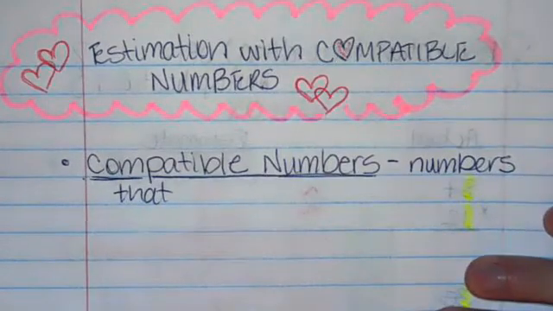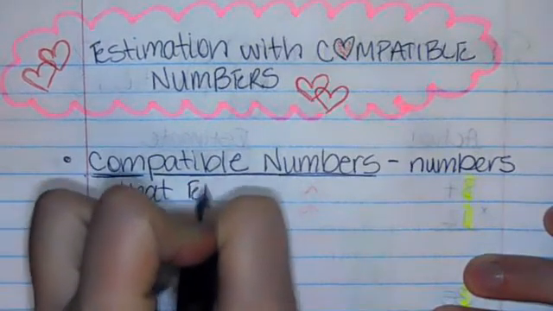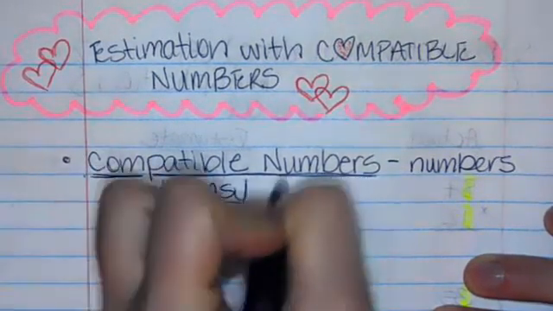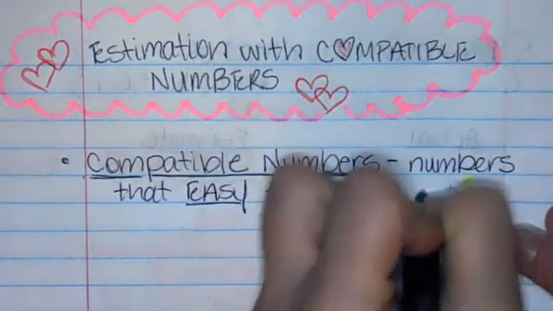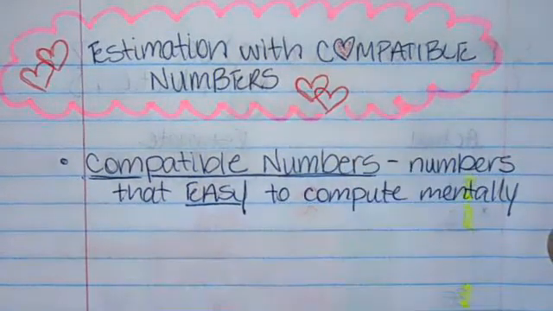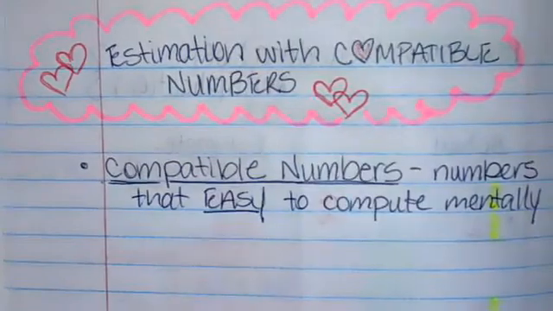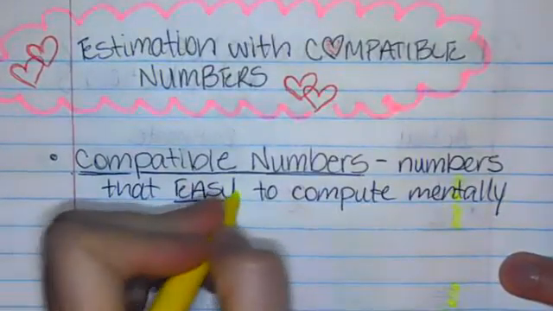So when I say compatible numbers, they are numbers that are easy to compute mentally. What does all of this mean? Well, I want you to think about two people who like each other. That means that they are compatible.